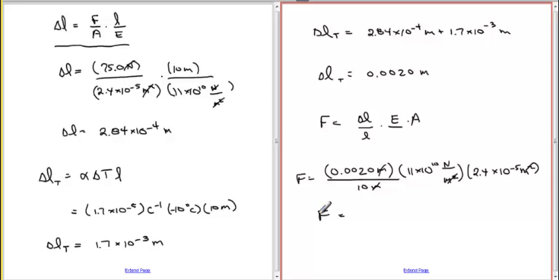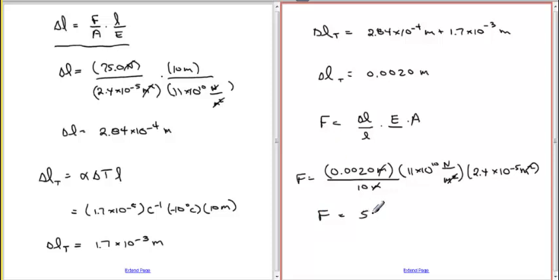So 0.002 divided by 10 times 11 e to the 10th times 2.4 e to the minus 5.